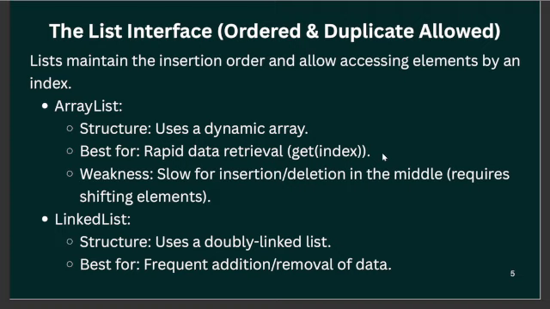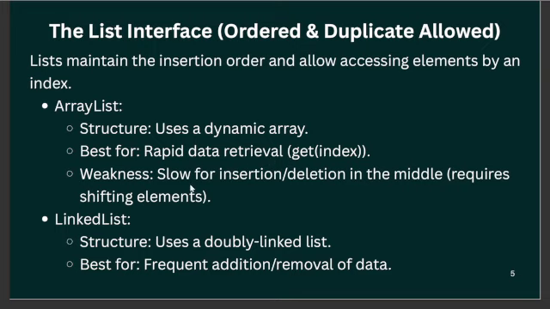Moving to the next topic, which is the List interface. This is ordered and allows duplicates. List maintains order, allows duplicate elements and supports indexing. So it maintains the insertion order and allows accessing elements by an index. We have multiple lists. First, ArrayList, which uses a dynamic array and is best for rapid data retrieval.